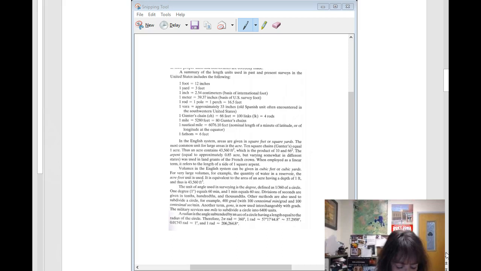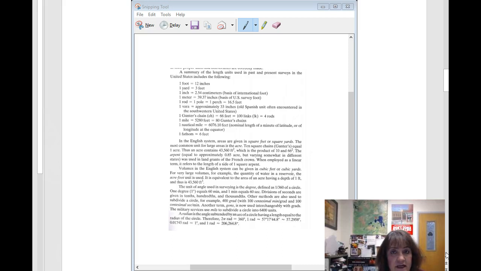Cancel out my square feet, and I take 48,983 and divide it by 43,560. The answer is 1.124494949 acres. But once again, I need to go back to my significant figures. See that my data has 5 significant figures.